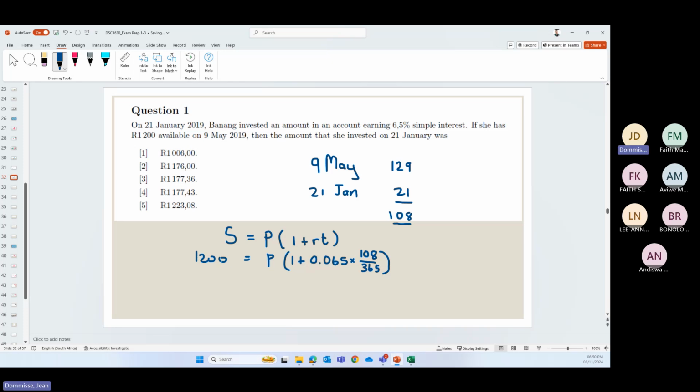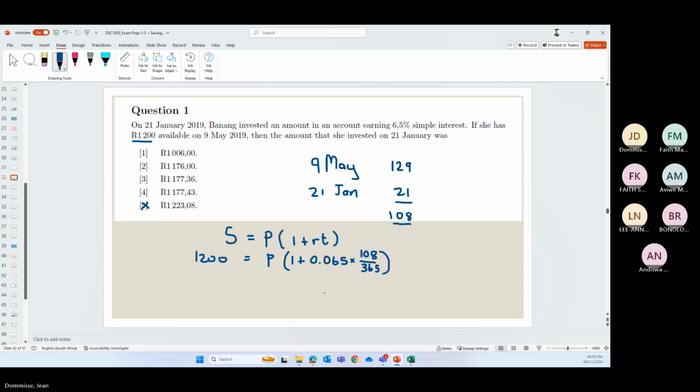So if my future value is 1,200, I can't have a present value of 1,223. Okay, so that just can't work. So let's first see what this component is.